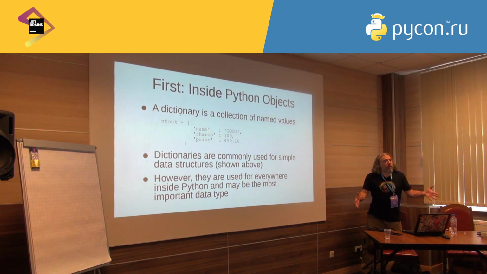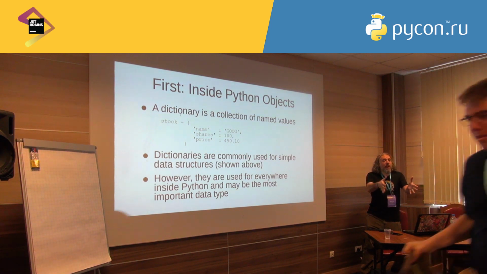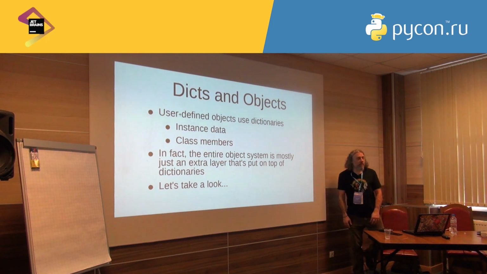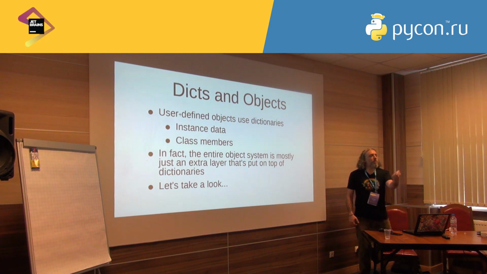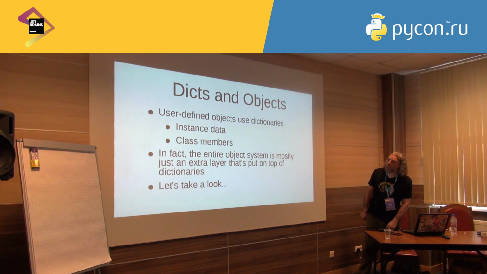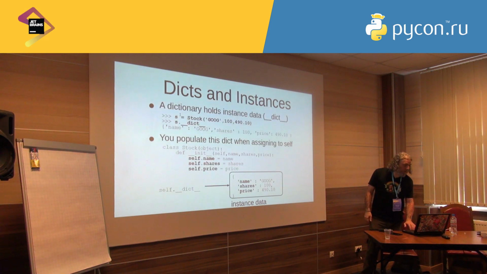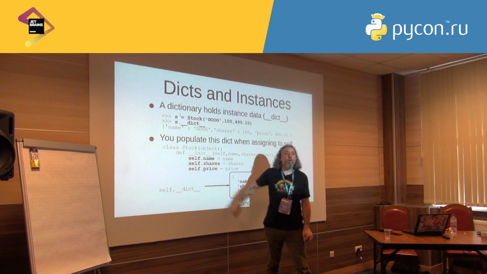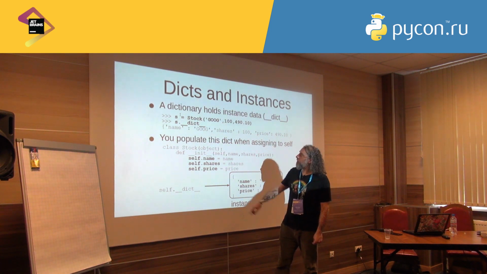And so a module is a dictionary, a mapping of names to objects. Instances, the attributes of an object, are names mapping to objects. And it won't surprise you to know, in fact you may already know, that instances have a dictionary that stores those names mapping to objects.